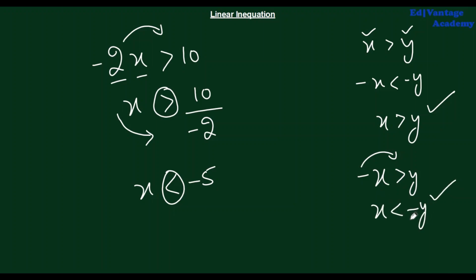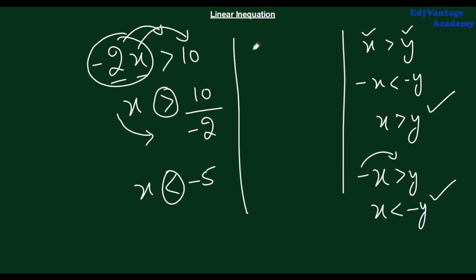That's the second situation. The third situation is if you have a negative number which is going in division with the other side, the symbol will reverse. Or if I send it back in multiplication, for example, if I have x by minus 3 is lesser than 10, we know 3 will go in multiplication.